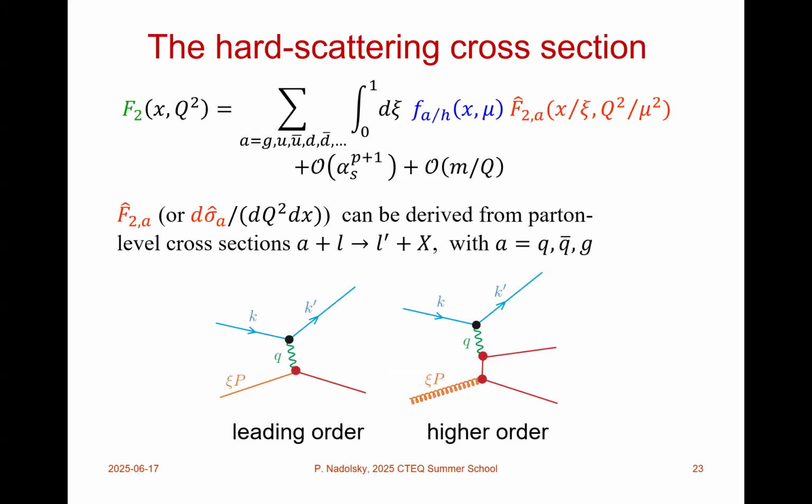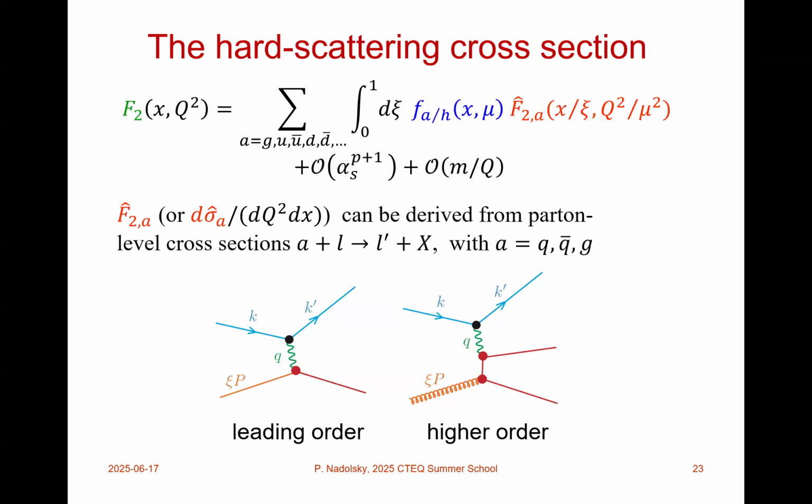All right. So now let's talk a little bit about the hard scattering cross section. The hard scattering cross section can actually be calculated to essentially arbitrary order, at least in DIS, except of course every higher order becomes more and more complicated. The idea here is you start writing additional diagrams.